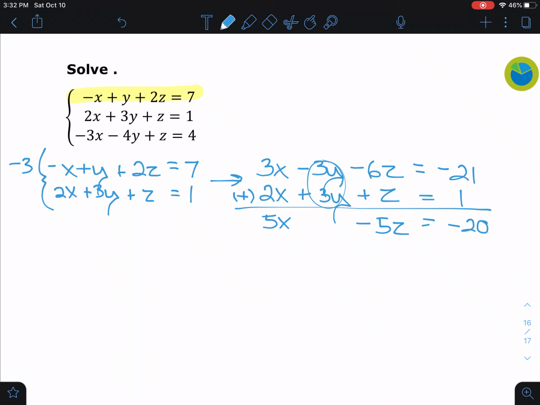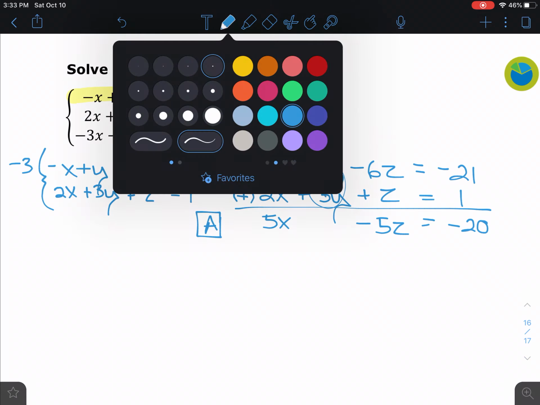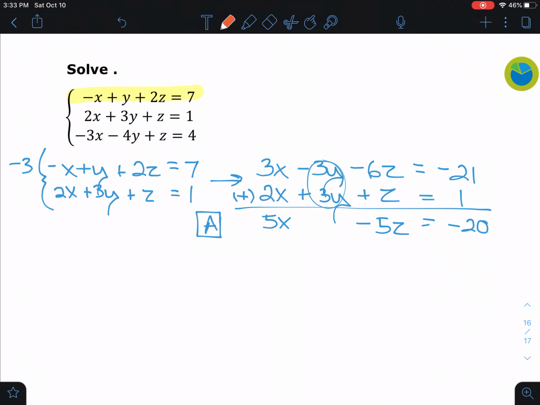So this is equation A, and that is the one I'm going to use later. So now I want to do the same thing. I'm going to use that highlighted one again. So -x plus y plus 2z equals 7. But I'm going to do that with the third one now, the first and the third.